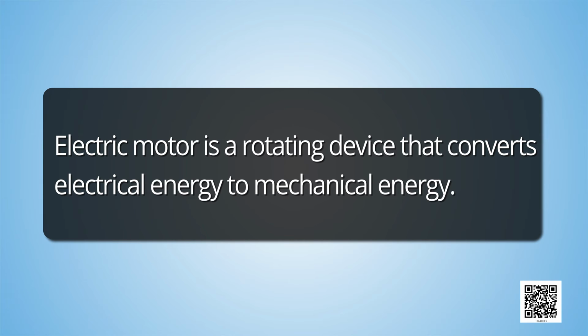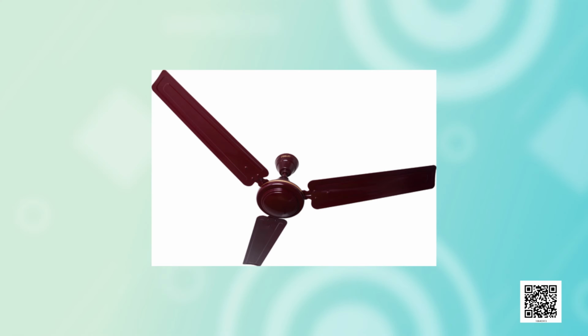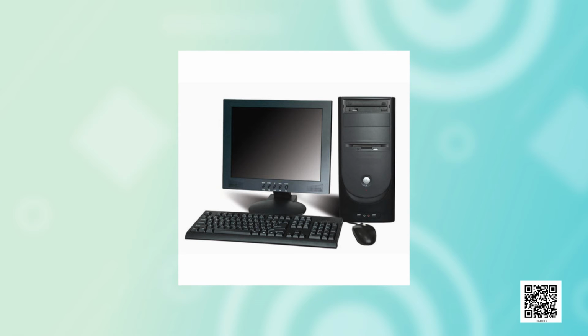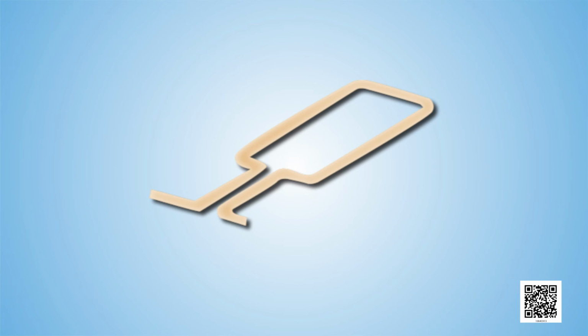Electric motor is used as an important component in electric fans, refrigerators, washing machines, computers, etc. It works on a principle that a current carrying conductor will experience a force when placed within a magnetic field. Let us now see how an electric motor works.